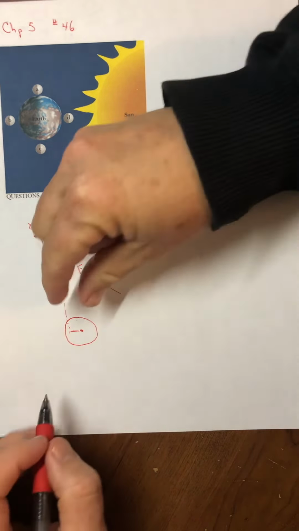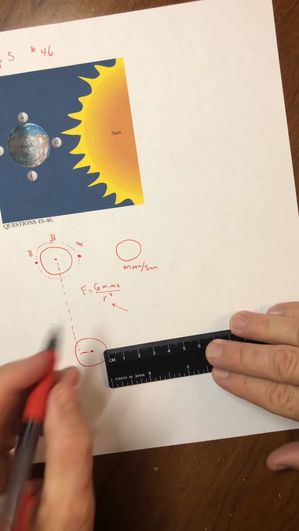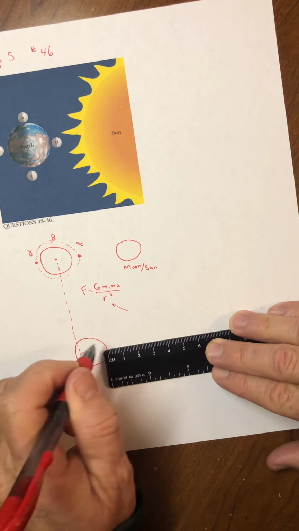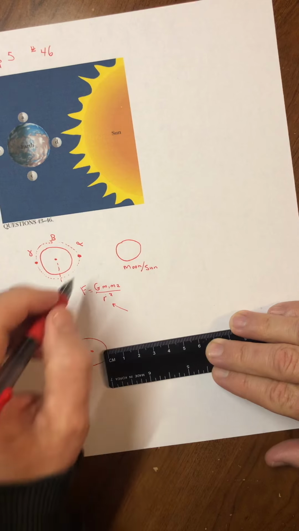So if we're looking at this small little piece, which I drew over about 7 or 8 millimeters, then the water would get pulled more than 7 or 8.